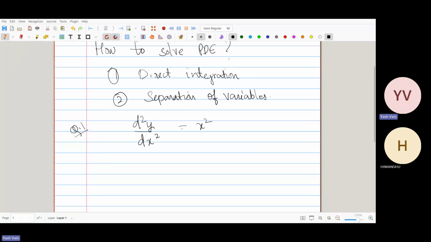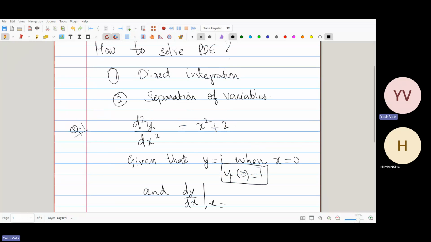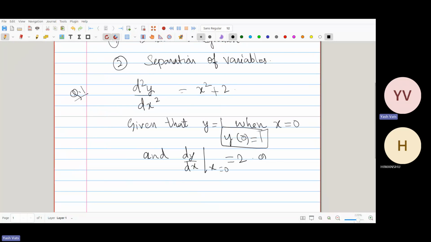So you have an ODE like this, given that y is 1 when x is 0, which means that y at 0 is 1, and dy over dx at x equals 0 is 2, or just y prime 0 equals 2. Then you have to solve this ODE.